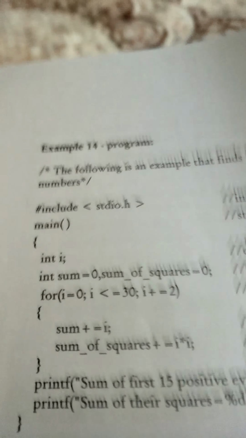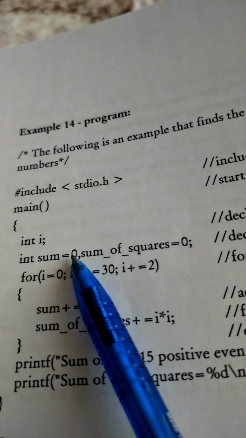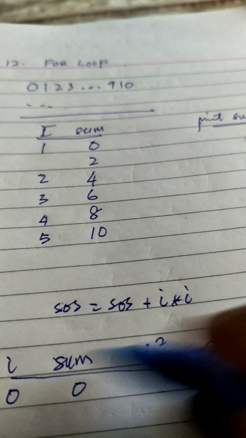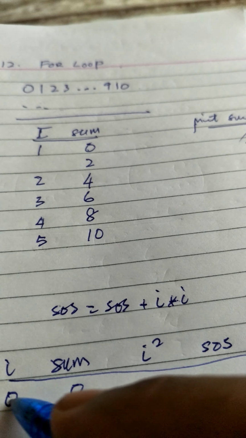Then go to your programming, check that sum is 0, sum of squares is 0, I is 0. So that's the initial value. So you put there I is 0, sum is 0, I squared, of course, I is 0, 0 squared is 0, sum of squares.